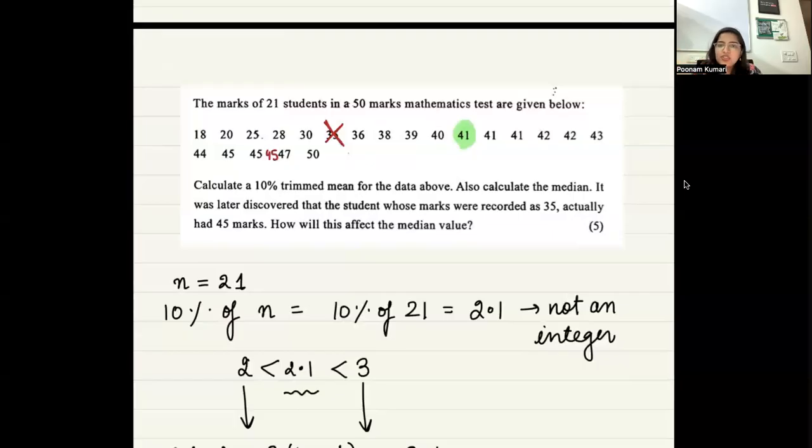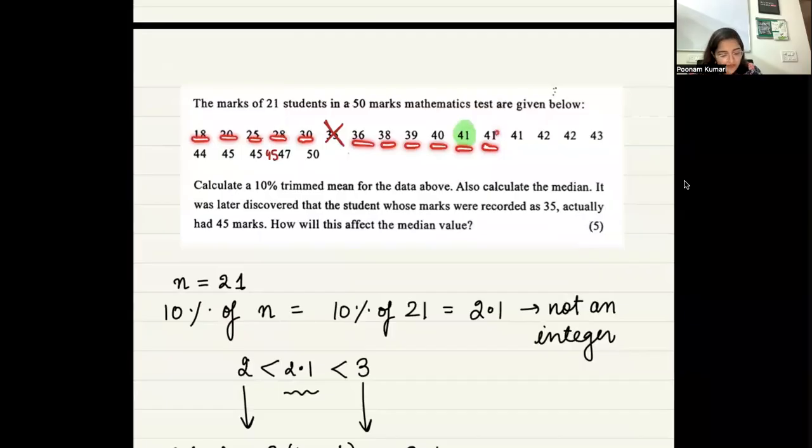Again, the 11th position. Yes, ma'am. So what is the 11th position now? 1, 2, 3, 4, 5. This 35 is not there, okay? 6, 7, 8, 9, 10, and 11. So my number has changed, but actually the number was 41 only, right?